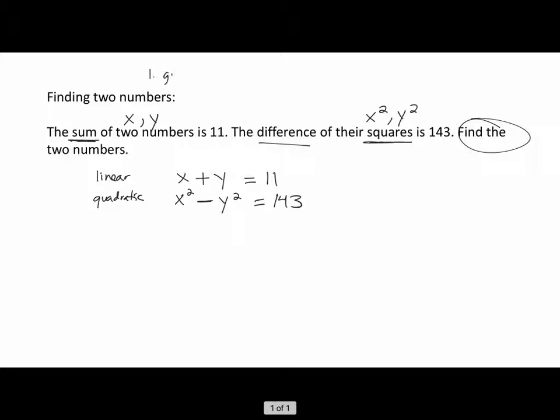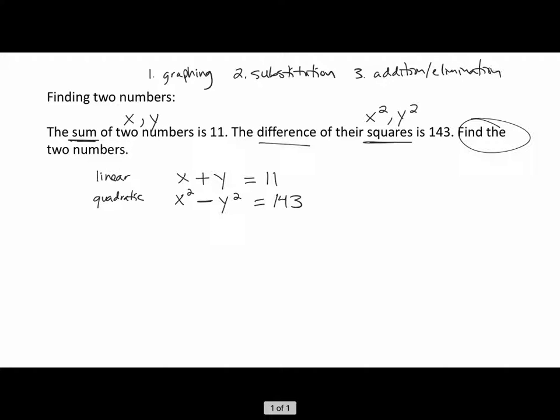The first is to graph both of the equations and see what shared points they have. That's a solution. The second was substitution. Solve one equation for one variable, put it into the other equation, and then come back and solve for that one. And then the third was the addition elimination.